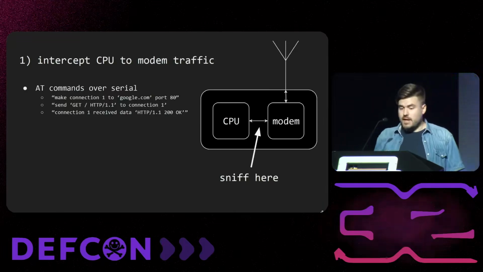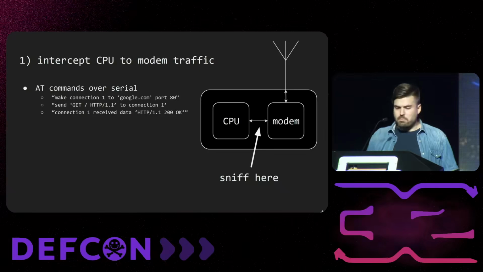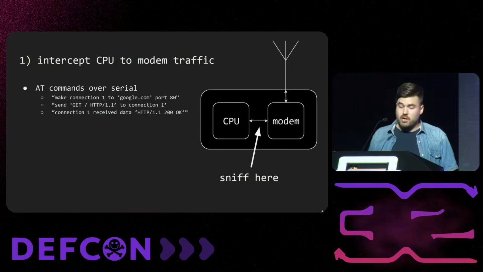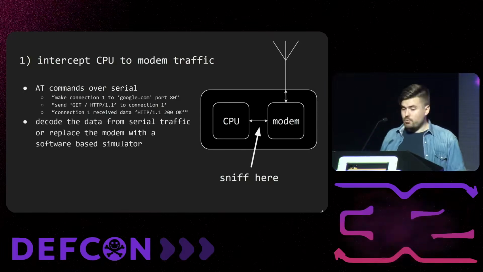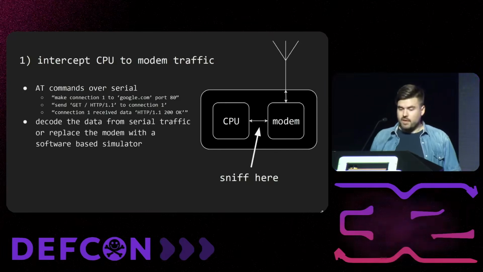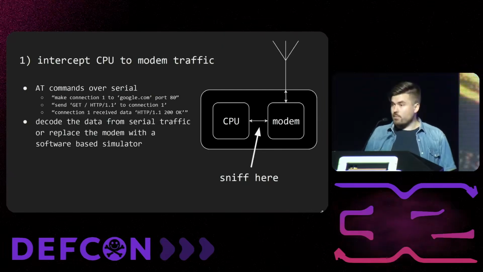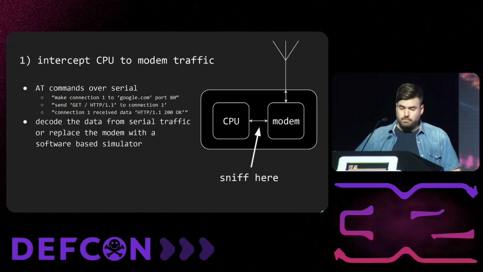This works with AT commands, sometimes a little bit different, but basically the CPU says to the modem, hey, please make a connection to Google and then send this data through that connection, and you will get the traffic. So you can just sniff the traffic and decode it, or even replace the modem with your own software-based simulator. This is something that we've already done.